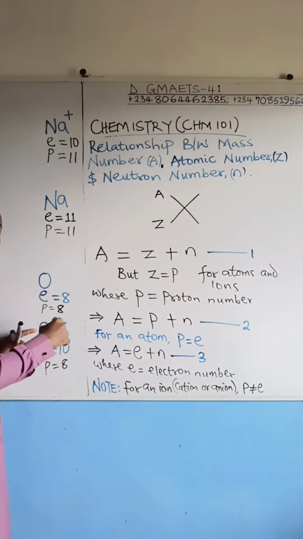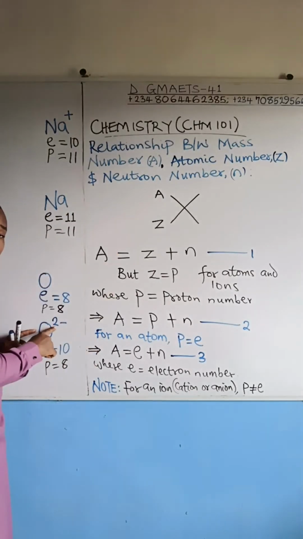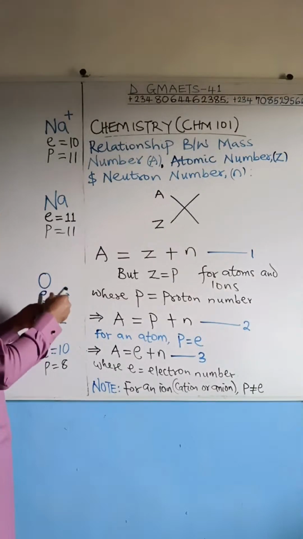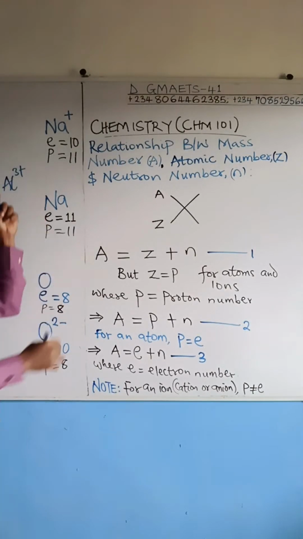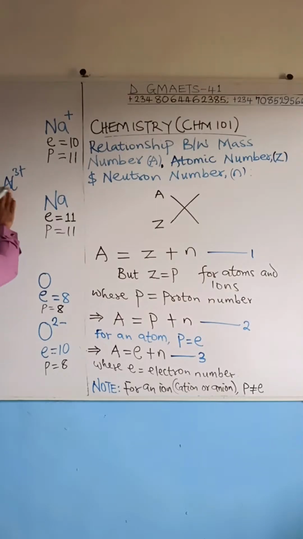Once the ionic charge is 2 and above, you must write that number before the sign, whether plus or minus. Like aluminium, which is written as Al3+. I hope this did not cut off. Al3+. Okay, it didn't show completely. Al3+ shows that aluminium lost 3 electrons.